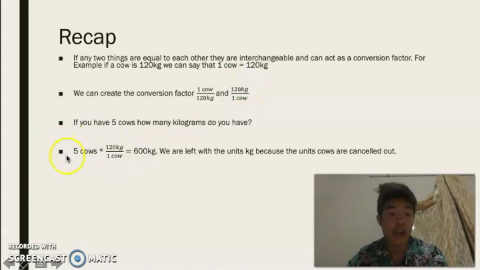We would do 5 cows multiplied by 120 kilograms over 1 cow equals 600 kilograms. We are left with the unit kilograms because the cow units cancel out.